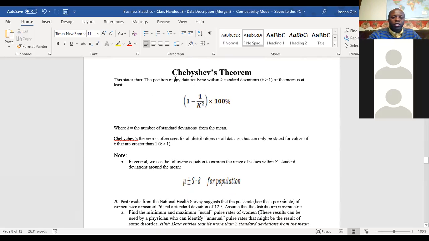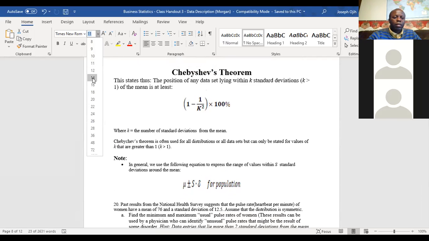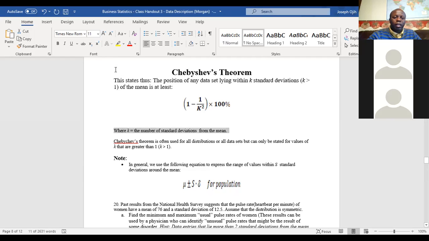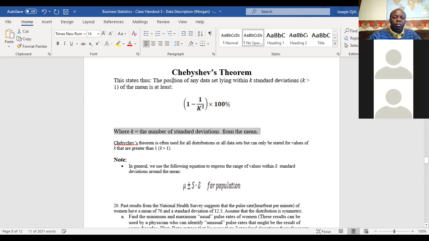Okay. So Chebyshev's, what is this saying? It says that for any data set lying within K standard deviations, where K is greater than 1, we use Chebyshev for any distribution, provided that K is bigger than 1.